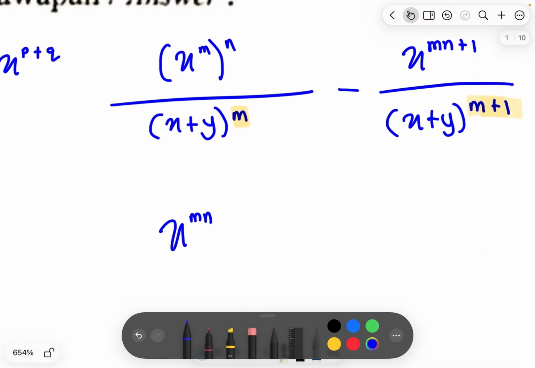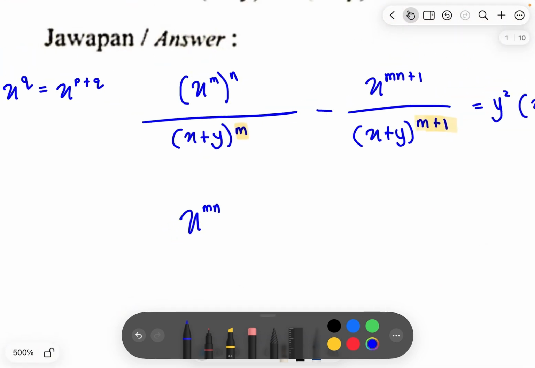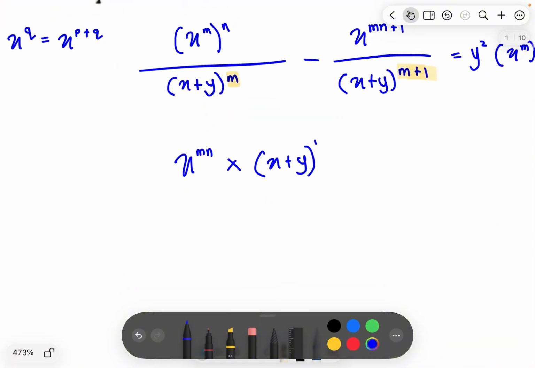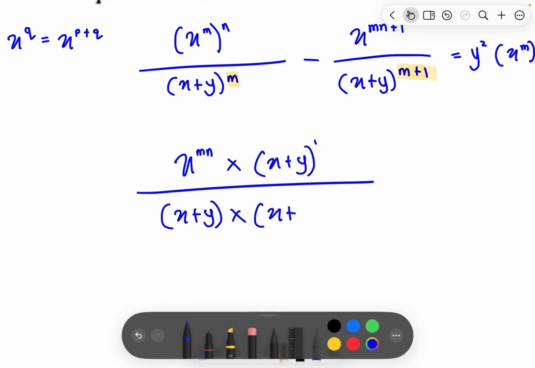Okay, so from that, I can times this whole thing with x plus y, which has a power of 1, and then I can do the same thing here, times with x plus y, this is m, and then when I simplify it, I'll simplify it fast, and then I get x^(y plus 1).